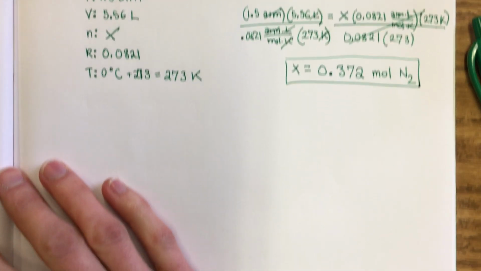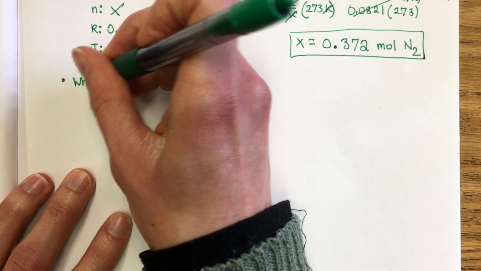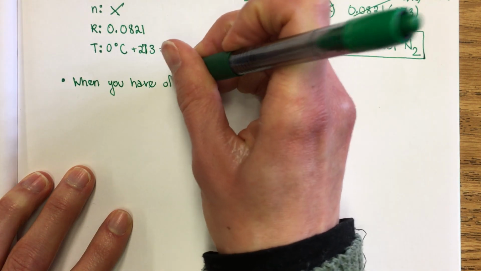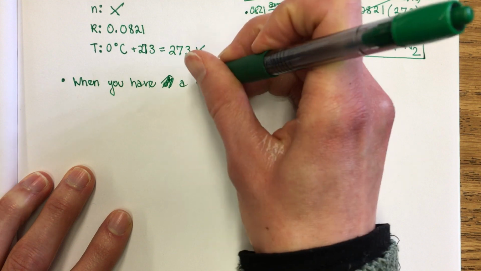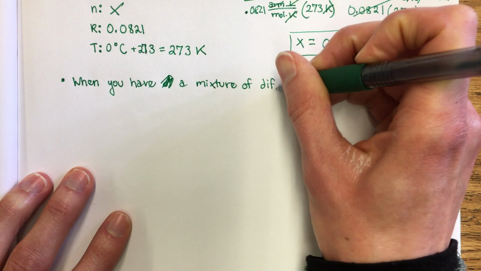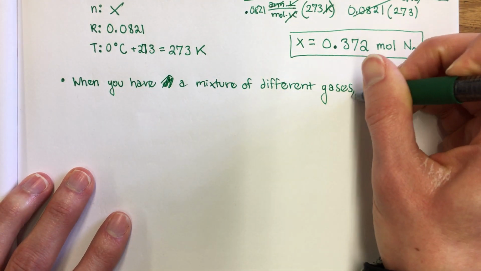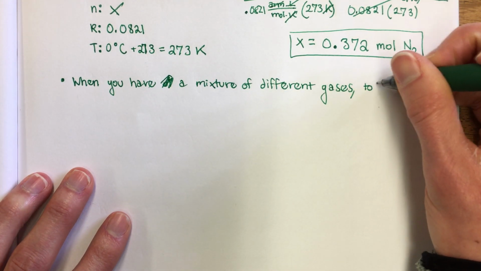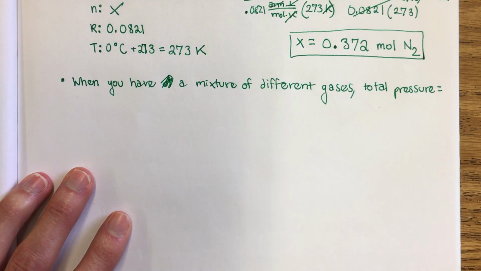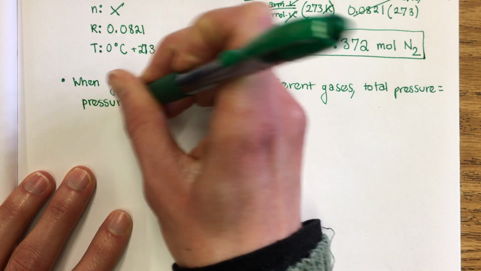Okay, now let's talk about partial pressure. When you have a mixture of different gases, the total pressure of all of those gases together is equal to just adding up the pressure of the individual gases.